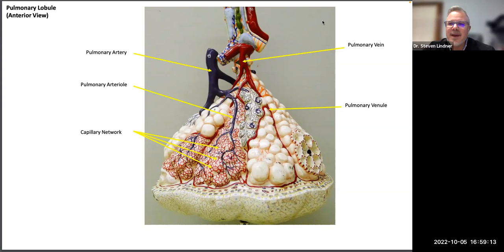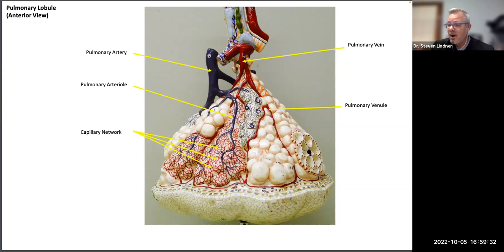From the pulmonary venule, it's going to pump it into the pulmonary vein, and the pulmonary veins from both the right and left lungs drive themselves into the left atrium. Veins bring blood into the heart. Arteries carry blood away from the heart.